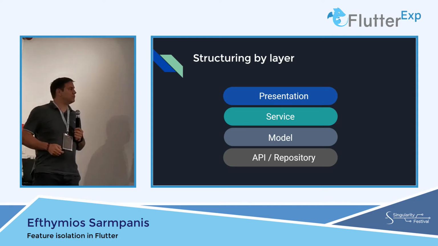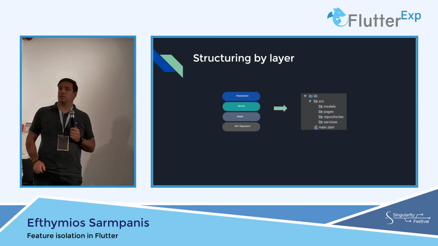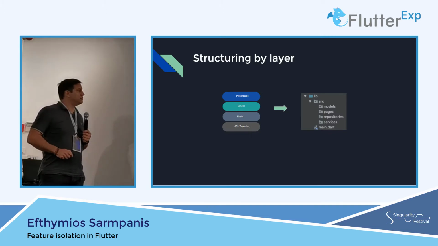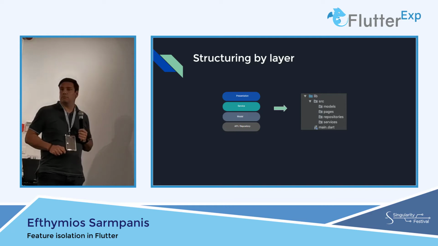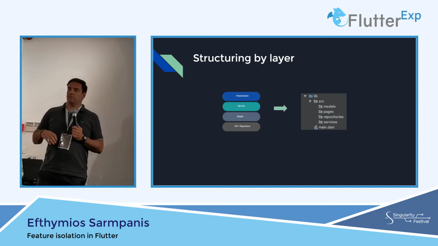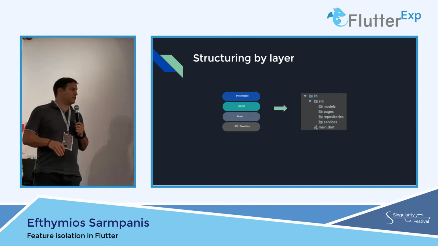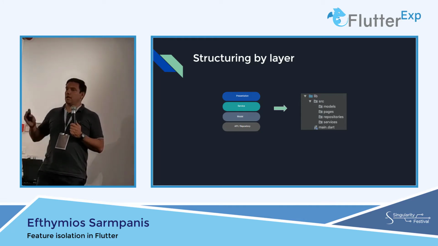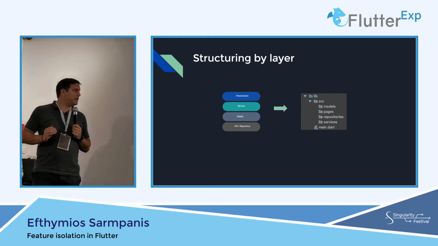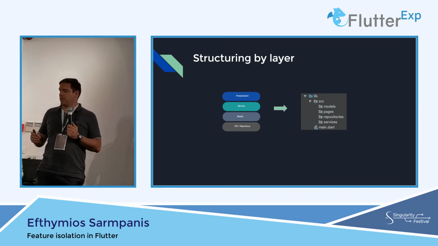So most of the time what we do is this. We take the layers and we try to apply them in our code structure one by one. So we put all our pages together. We put all our models together, repository, services. Everything is grouped by layer and by type sometimes.